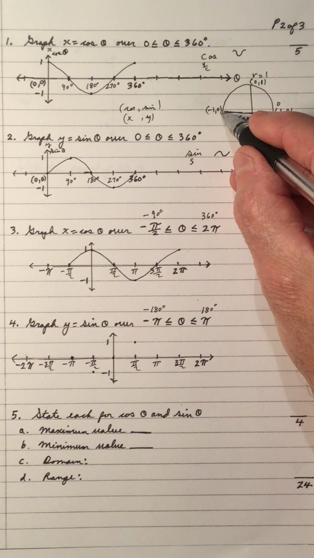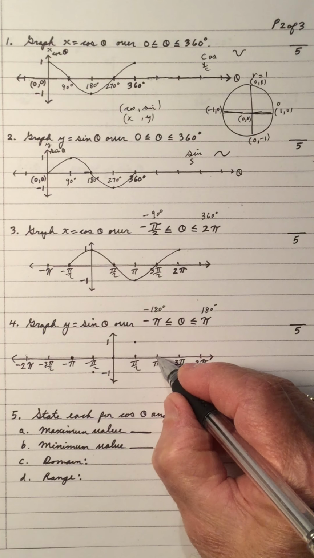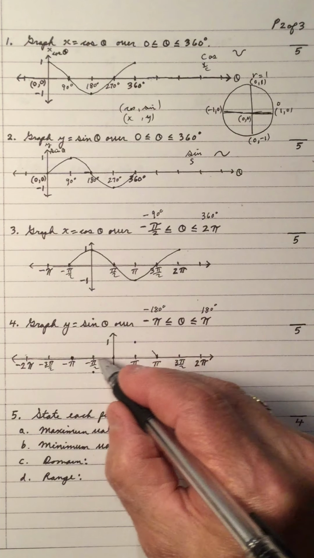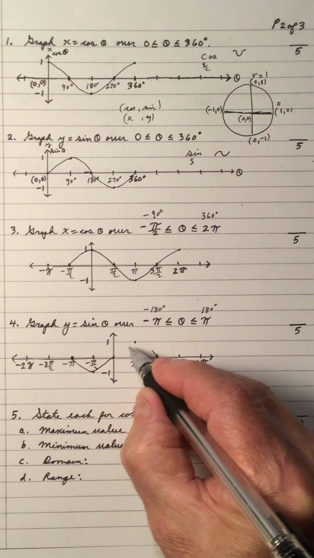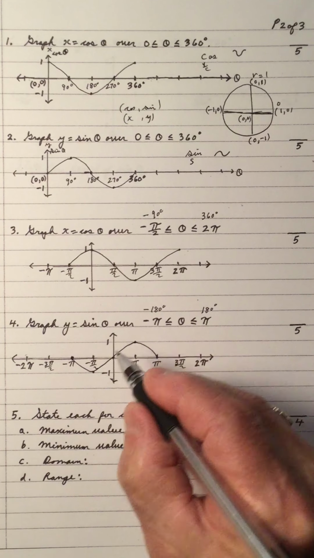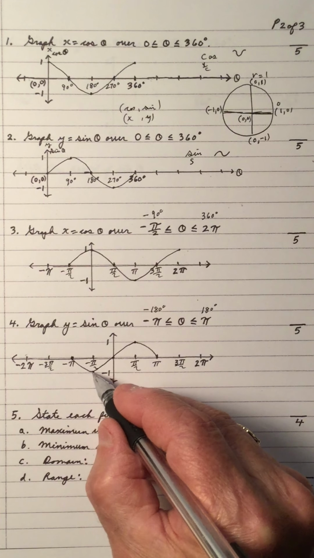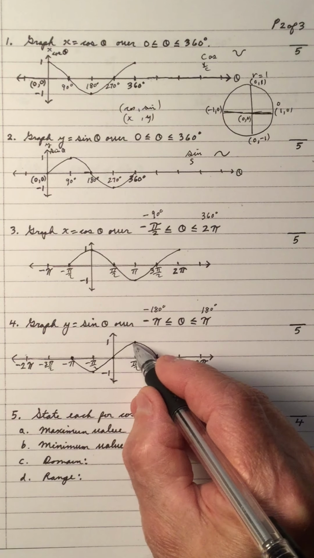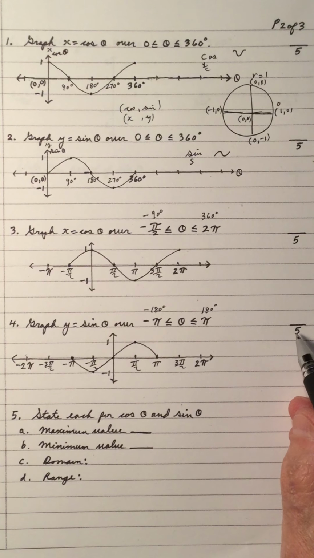Because remember, sine is the y. So there's the graph. So notice we started at 0, but this time we went down to negative 1, up to 0, up to 1, back to 0. So if you have that graph correctly, give yourself 5 marks.